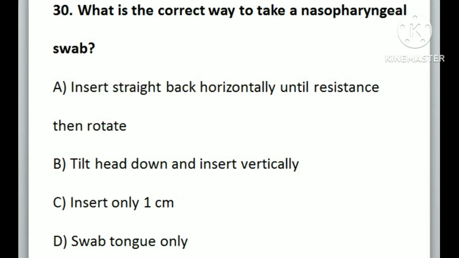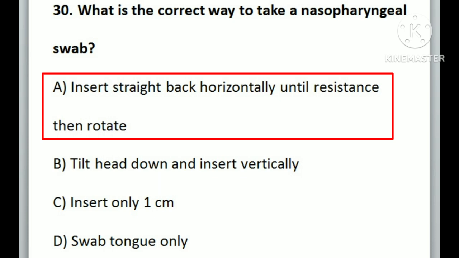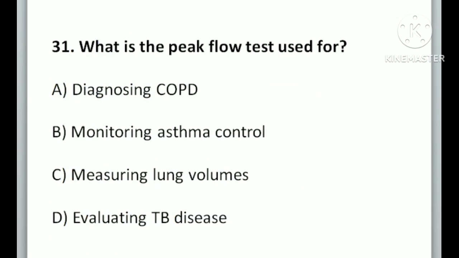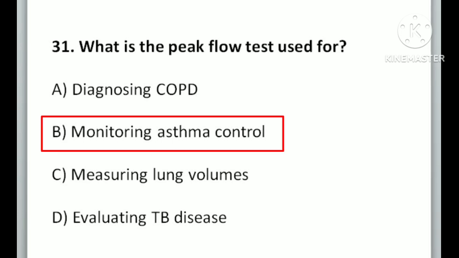Correct option is A. Insert straight back horizontally until resistance, then rotate. 31. What is the peak flow test used for? A. Diagnosing COPD. B. Monitoring asthma control. Correct option is B.